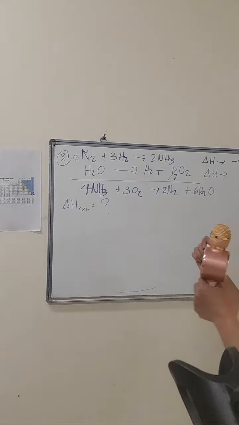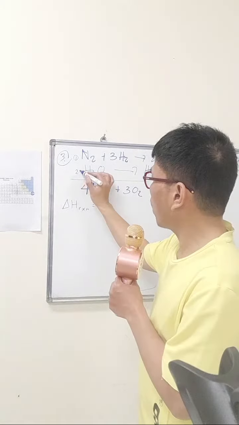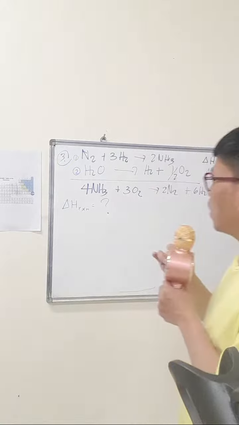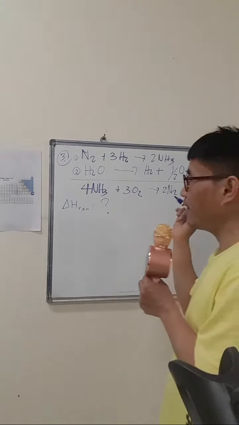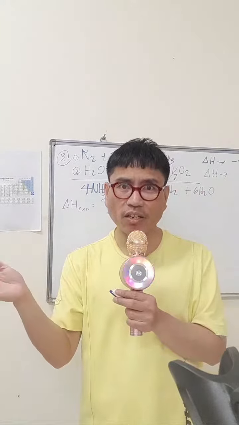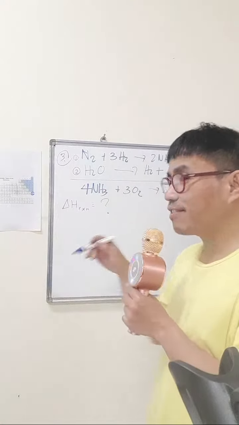And we have the second chemical equation: 1 mole of H2O will decompose into hydrogen gas plus 1/2 mole of oxygen gas, and the enthalpy change of this reaction is positive 286 kilojoules. Now, what is the enthalpy change of the reaction, or the delta H RXN? We have to find out.